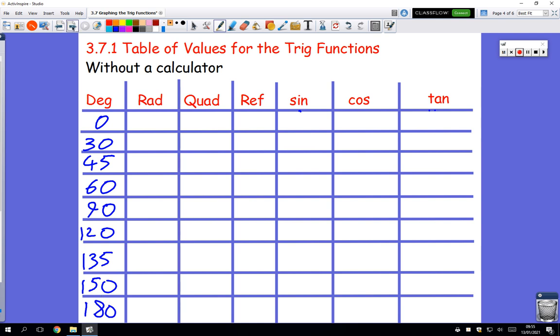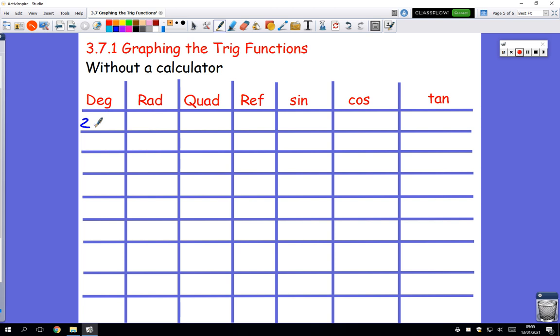And actually going on, also 210, 225, 240, 270, 300, 315, 330, 360, and if I kept going on, I'd have 390 as well, and you could continue that. That could continue forever and ever, this table of values.